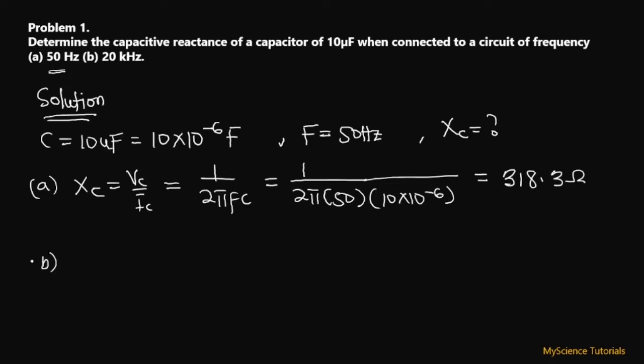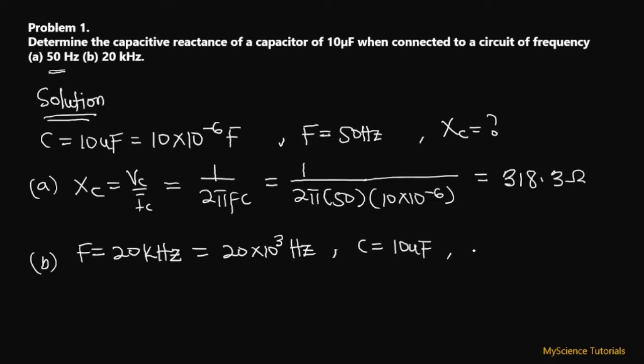Now if we look at B, we can see that we've been given the frequency to be 20 kilohertz. 20 kilohertz is equal to 20 times 10 raised to the power positive 3 hertz. So that is what we are going to use for the calculation. And as the same, our capacitance is still 10 microfarad, and we are still to find the capacitive reactance.